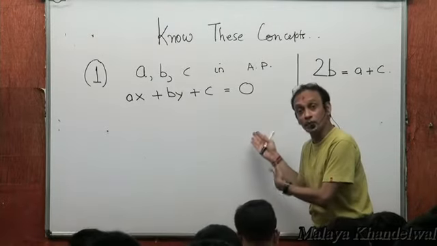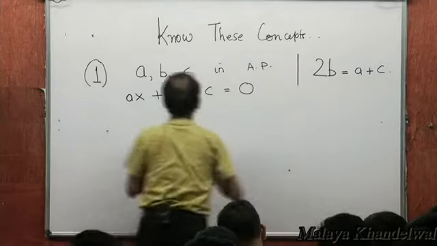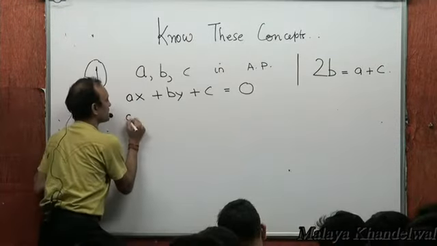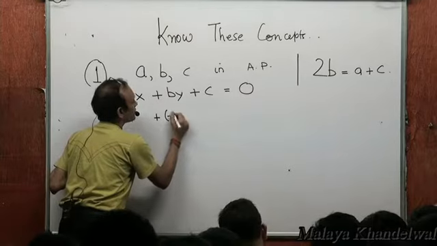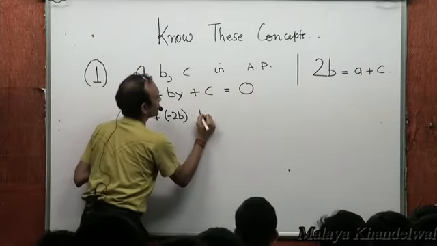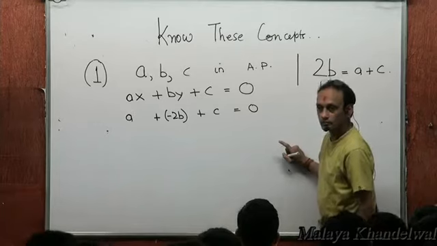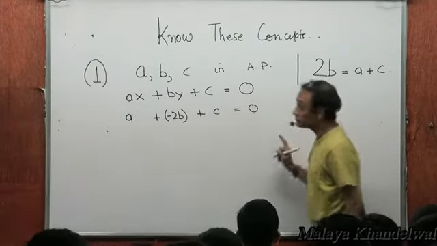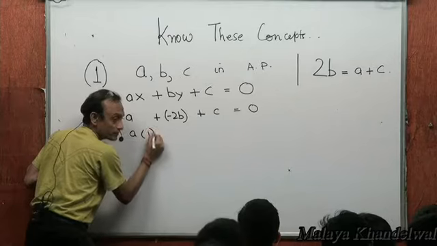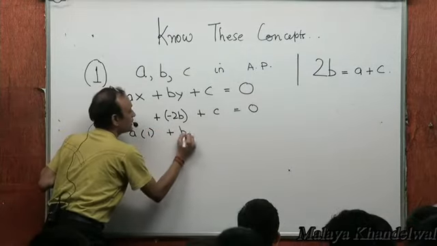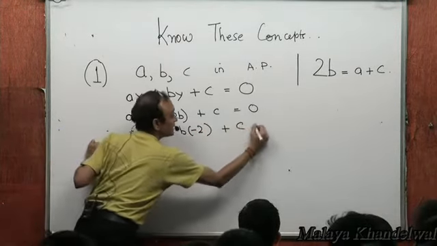For the sake of problems of this kind and this breed, look at this. I simply write this as A plus minus 2B plus C equal to 0. Yes or no? This is like A into 1 plus B into minus 2 plus C equal to 0.